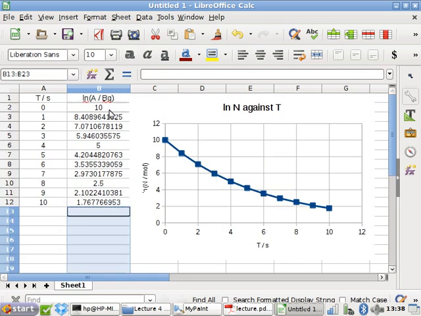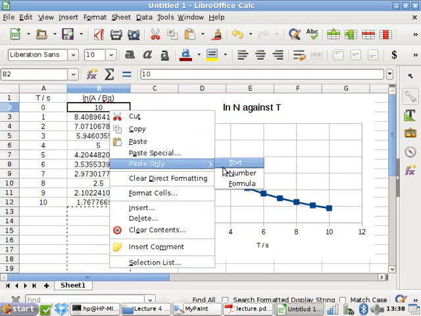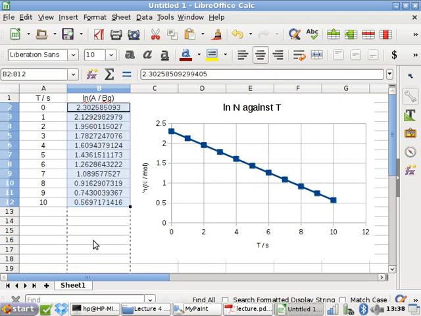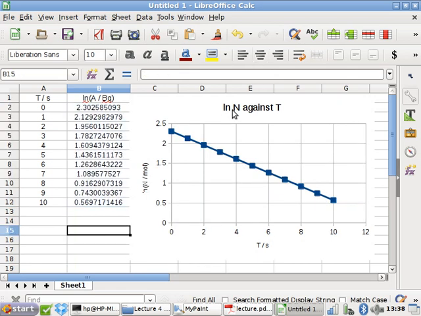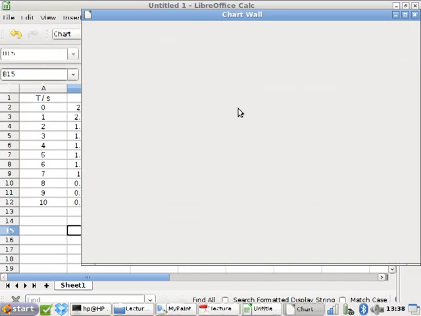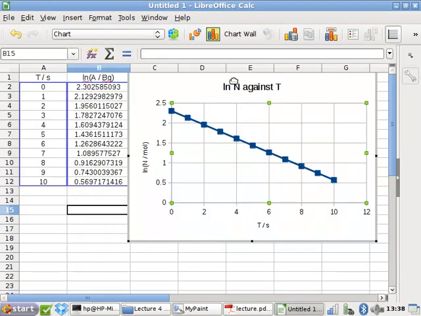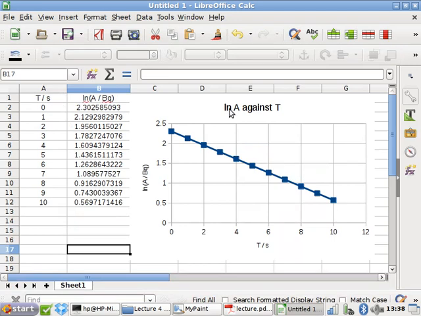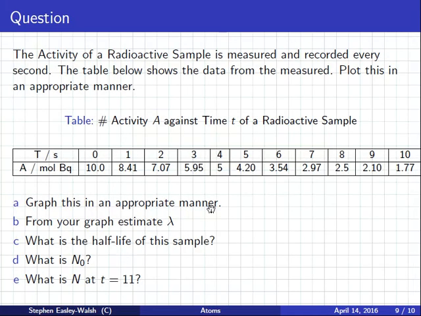Okay, and paste the numbers. There we go. Okay, so I've graphed this in an appropriate manner.